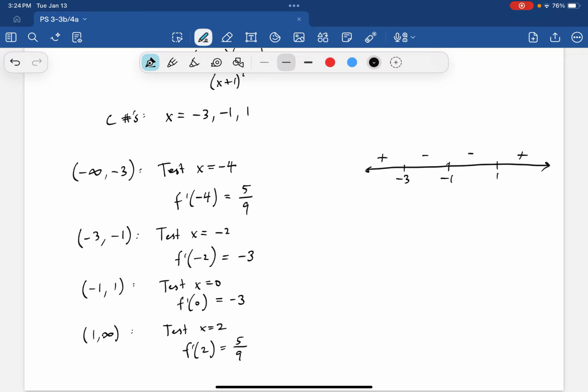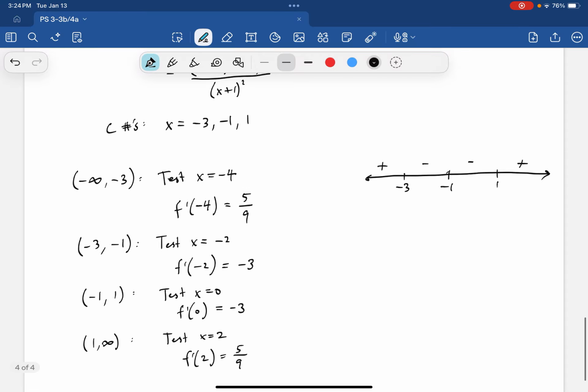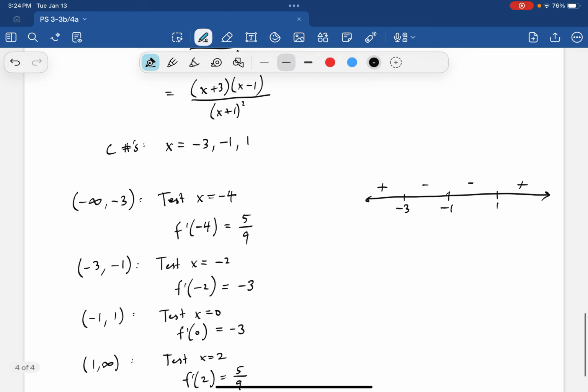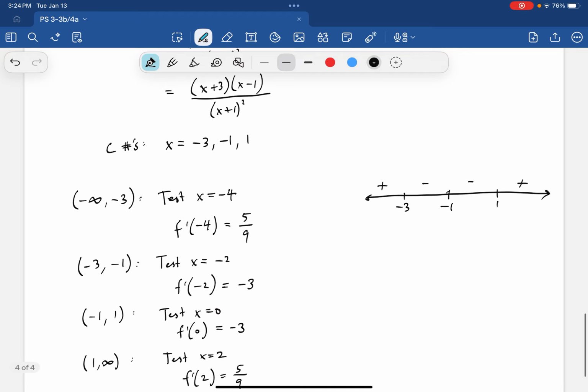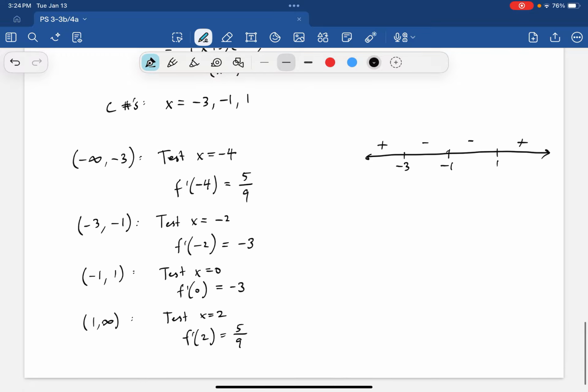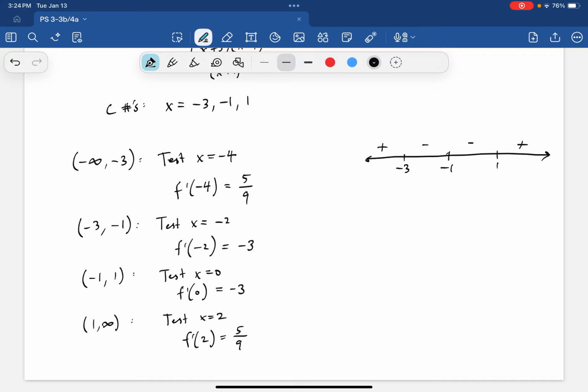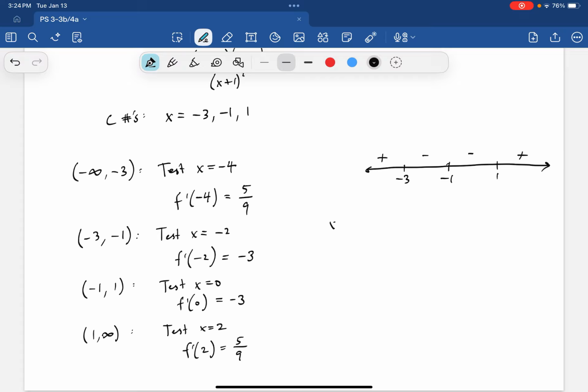Okay. Looks good. And so my answers are going to be x equals negative 3 is a relative maximum because it goes from plus to minus.